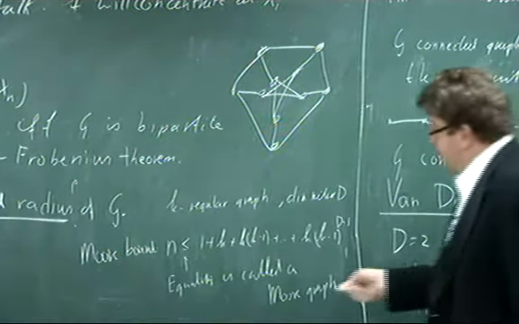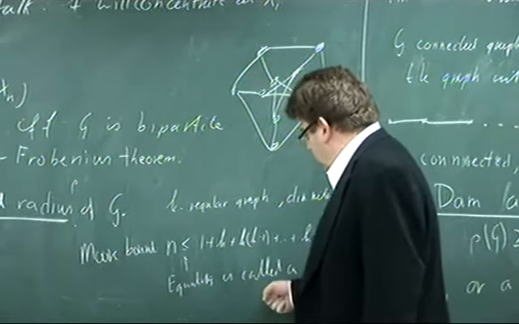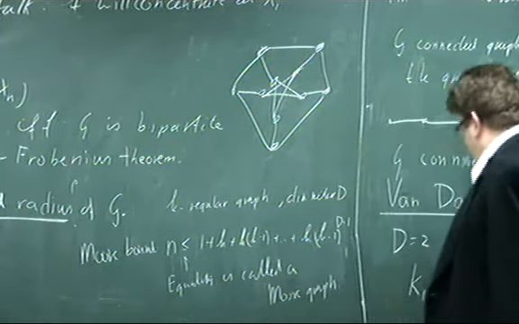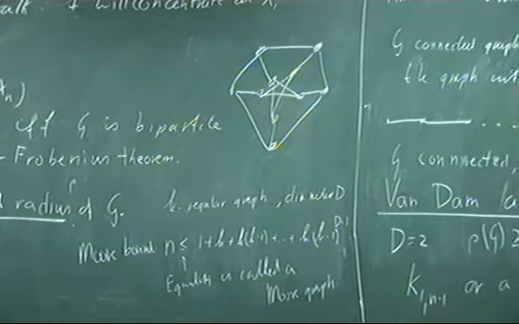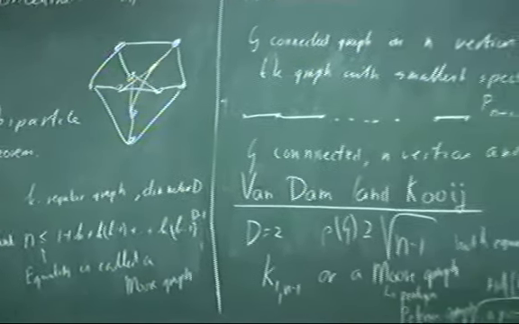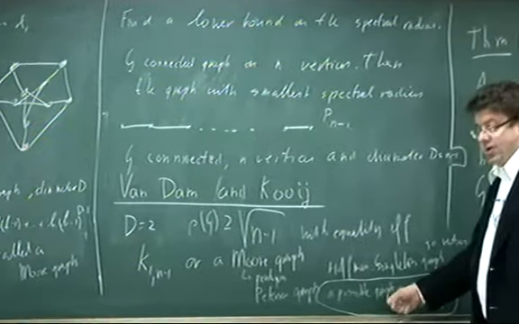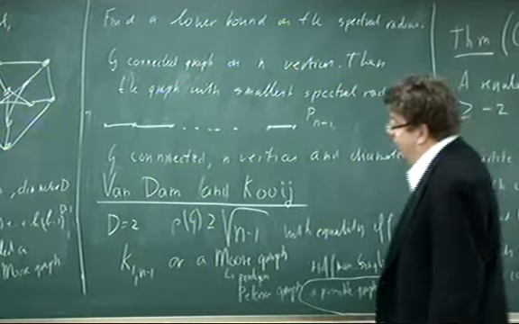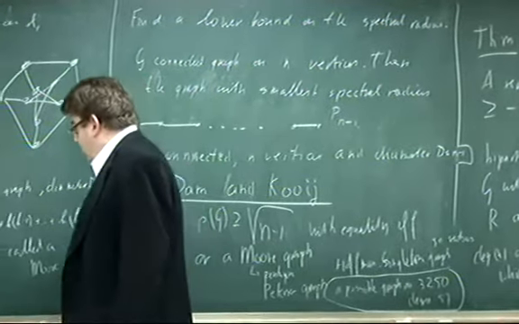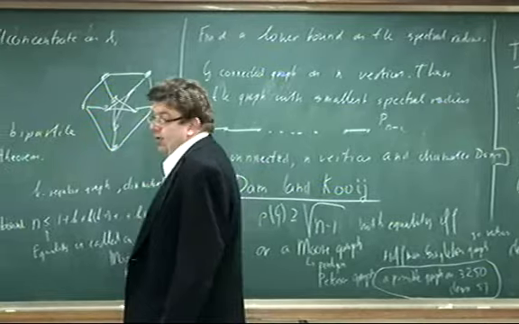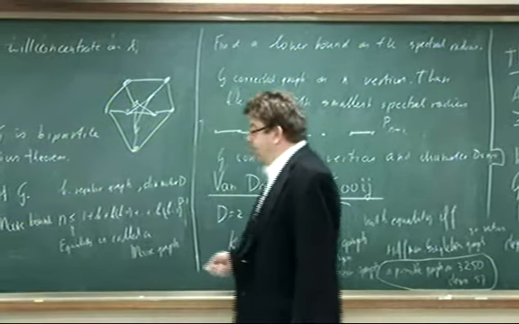So equality is called a Moore graph, and it is known that for diameter 2, it is either the pentagon, the Petersen graph, the Hoffman-Singleton graph, or some strange graph on 3,250 points. Or for larger diameter, it's only a polygon, the odd cycle.